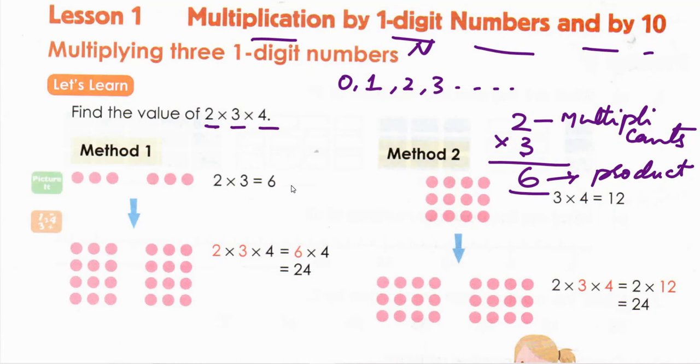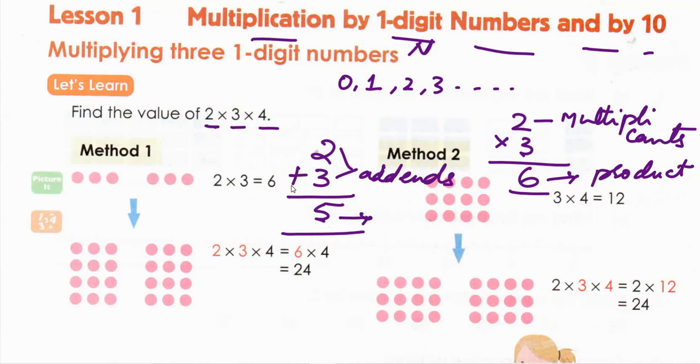Suppose in addition, if you take 2 and 3 and add them, you get 5. In this, you call these addends, and this answer you call the sum, S-U-M, sum.